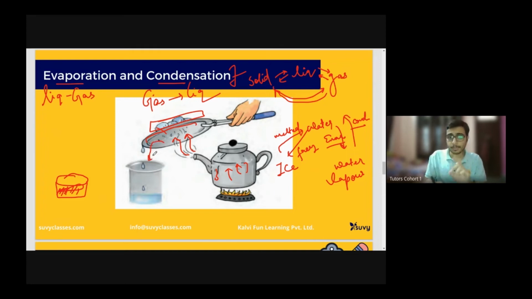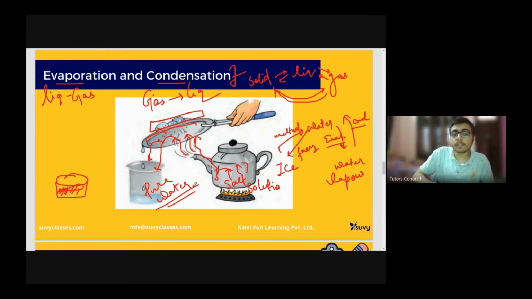Now listen carefully. For example, this was a salt solution. Water will evaporate, but salt will not. So only water vapors will come out. They will condense here, and I will get pure water, which does not contain salt.